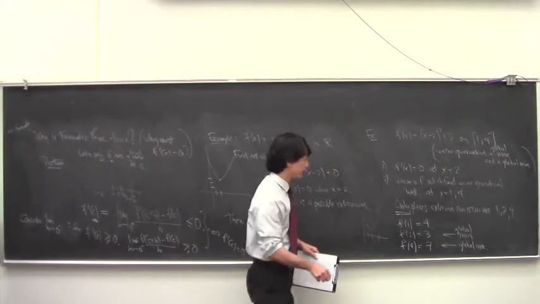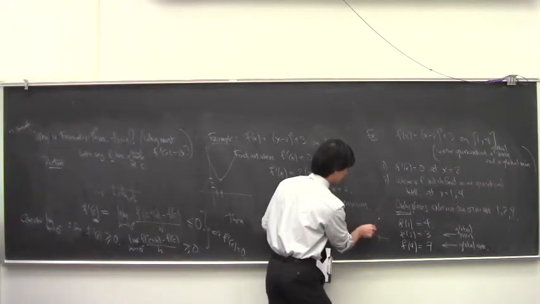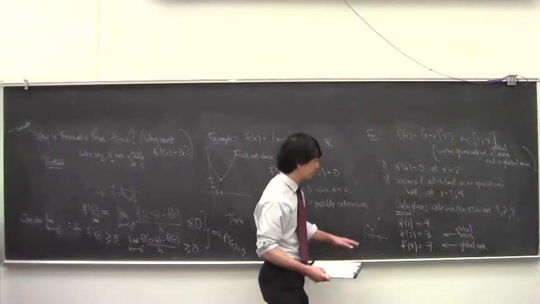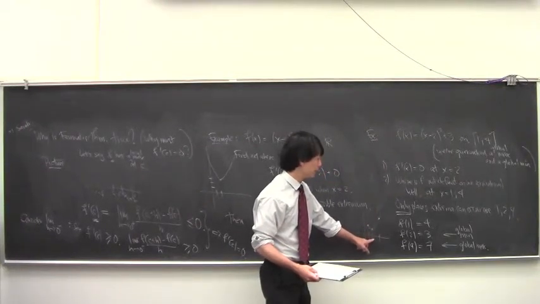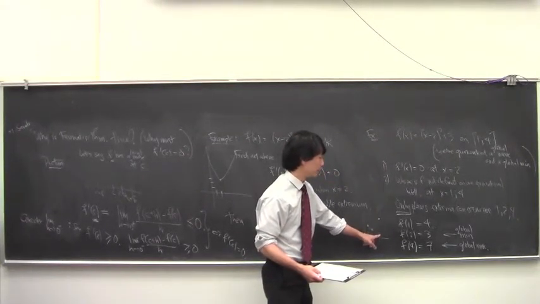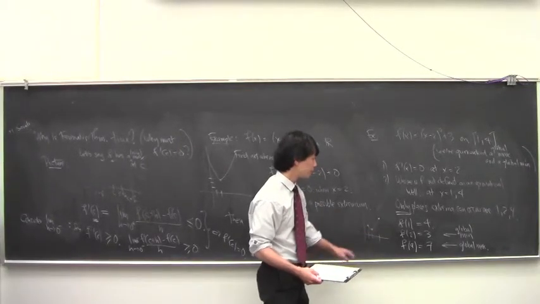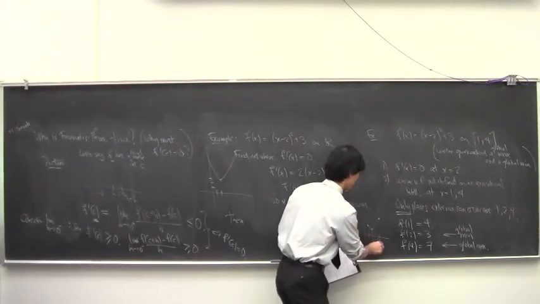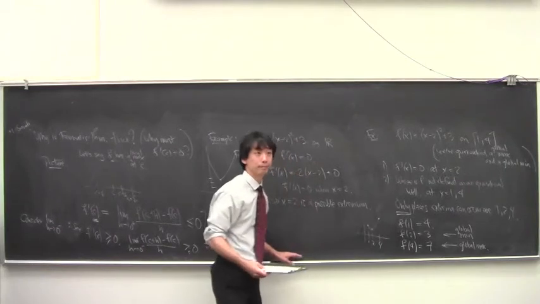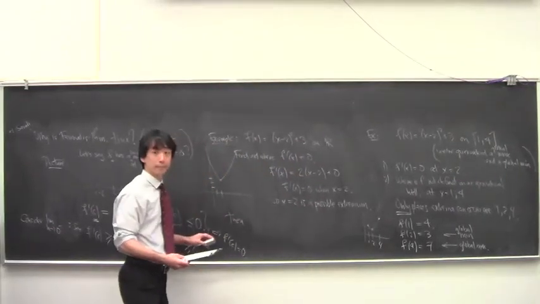And if you check the picture, you see what happens. The graph looks something like this. The global min is here, the global max is here, at 2 and 4. What was Stefan saying about 4?